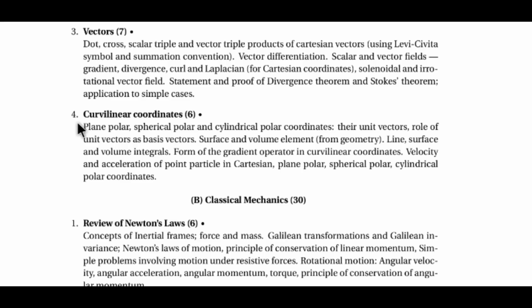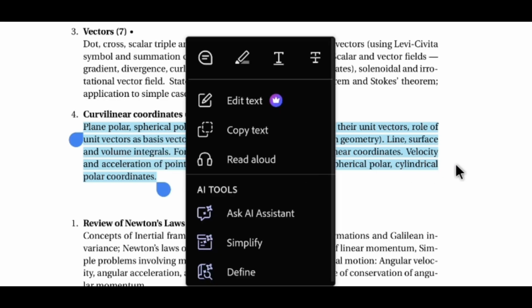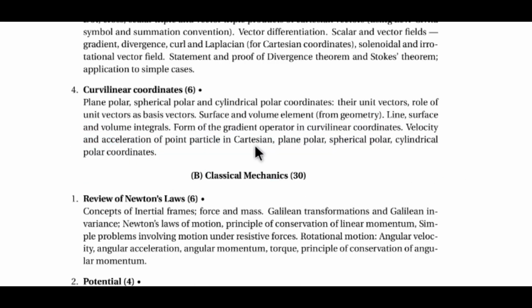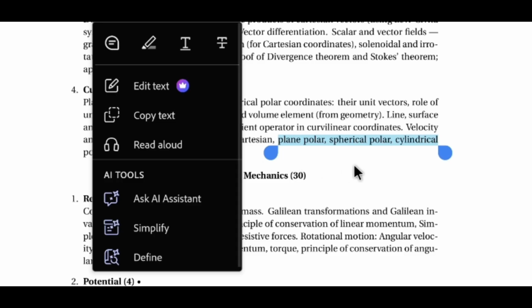Here we discuss all the coordinate systems that we generally have to study: Cartesian, cylindrical, and polar and spherical coordinate systems, plane polar, spherical, cylindrical, and polar coordinates.